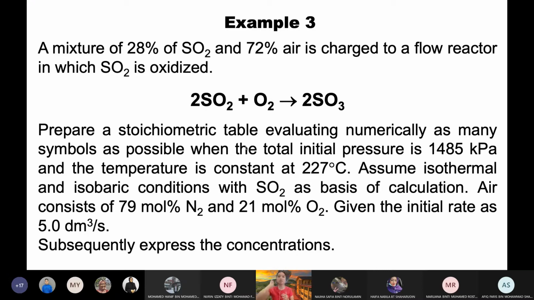Okay, so this question dah a bit difficult because now we are talking about gas. Okay, so the question says, a mixture of 28% of SO2 and 72% air is charged to a flow reactor in which SO2 is oxidized. Okay, so case ni kata apa information penting dalam satu ayat ni? First, yang paling penting dia kata flow reactor.